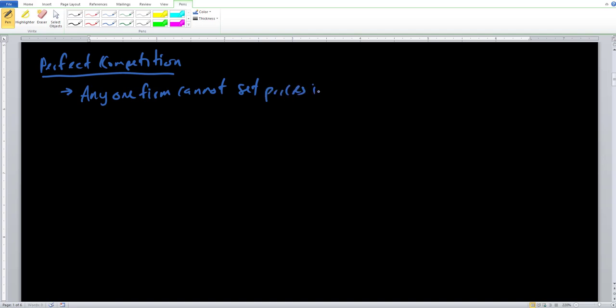They're so small that they really can't influence prices at all.